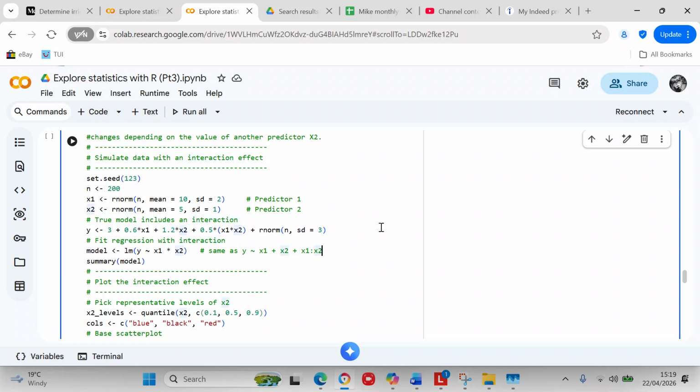We're going to fit the regression model with the interaction. So model becomes lm, that's linear model, brackets Y tilde X1 plus X2, and so this is the same as Y tilde X1 plus X2 plus X1:X2. And then we're going to summarize the model.